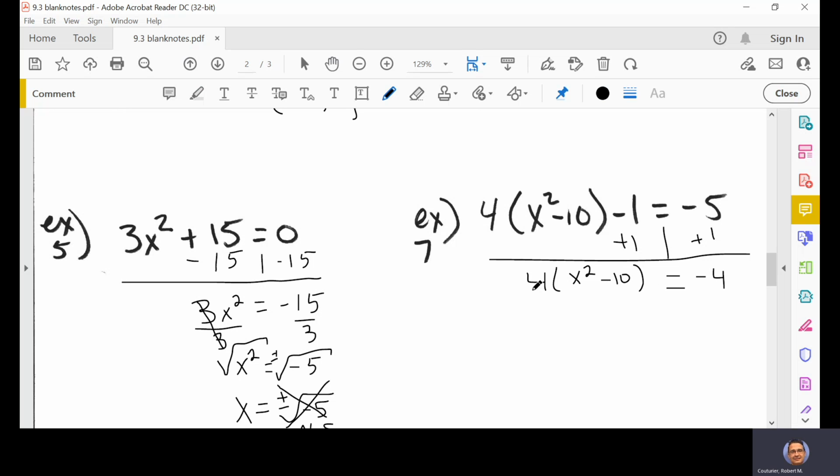Well, to release this, we have to divide by 4. -1 equals, now these cancel, and x squared is 10. We can go ahead and add 10.